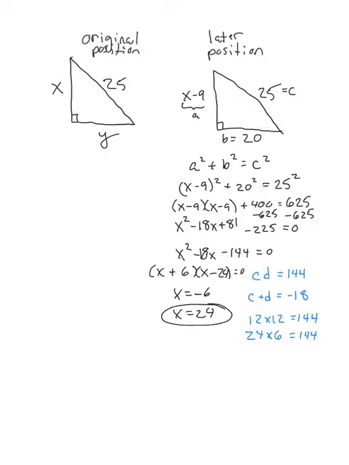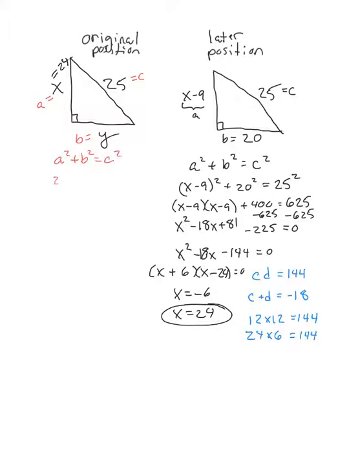And if you look in the top left triangle again, we can set our x equal to 24. And now, over here, we have another case of the Pythagorean theorem. So we'll call this our a, this our b, and this our c. I have a squared plus b squared equals c squared.